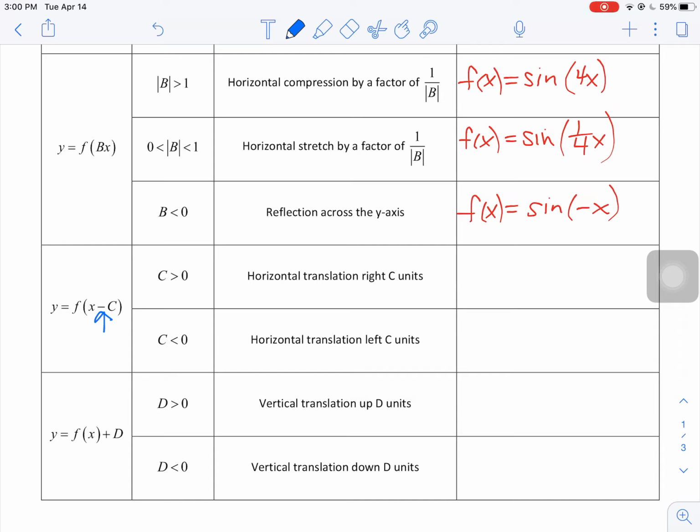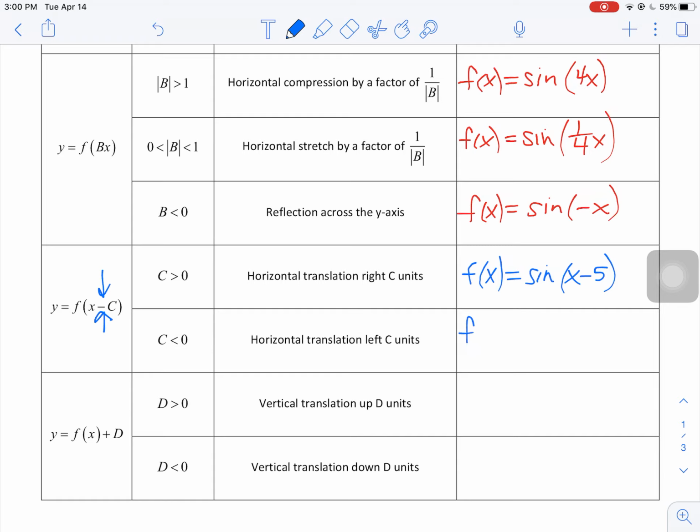So if we see something like this, f of x equals sine x minus 5, that would actually be a horizontal translation to the right 5. So we see the negative 5, but we actually go right 5. It's because of the built-in minus sign back here in the formula.